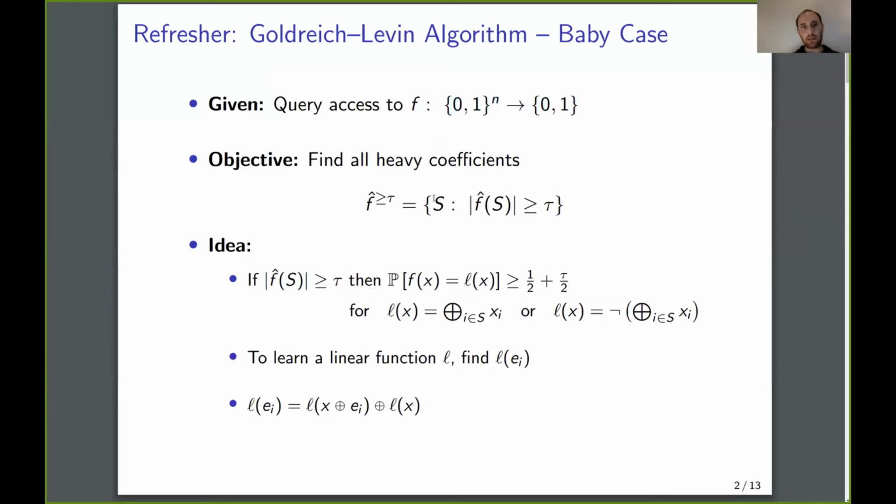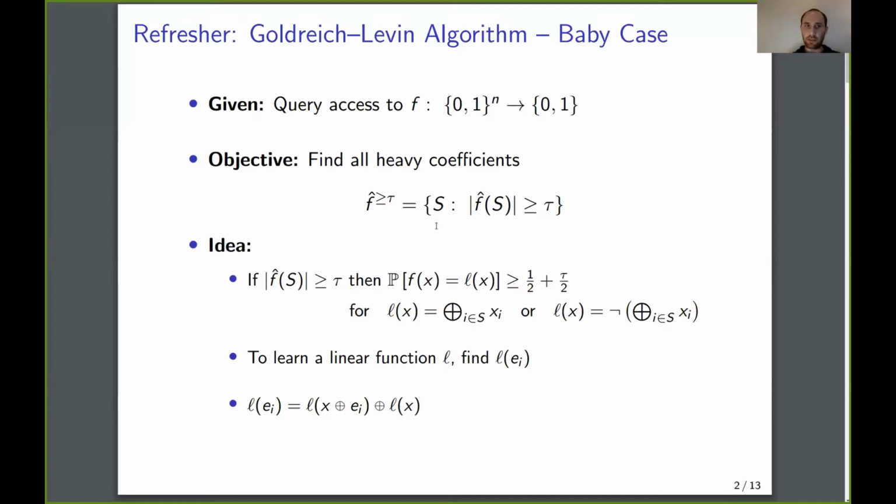Its goal is to find all the heavy coefficients of f, all the Fourier coefficients of f that have weight at least tau for some parameter tau. So these are subsets of n, and we need to find all the subsets of n that satisfy this property.